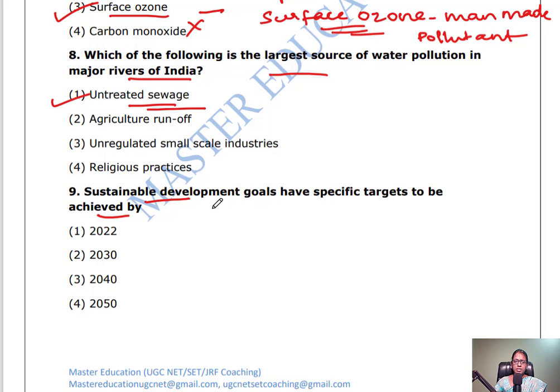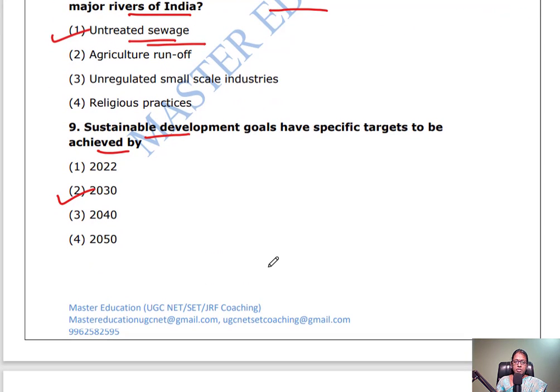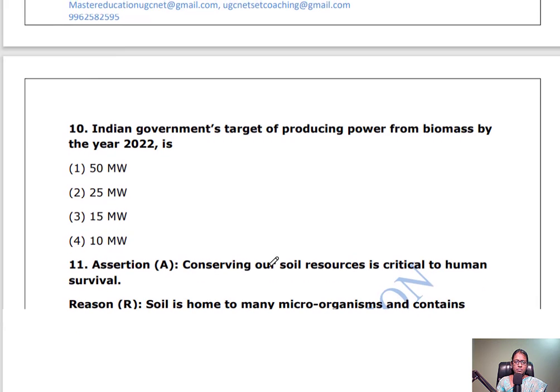So they have developed Sustainable Development Goals and Millennium Development Goals. They have specific targets to be achieved by the year 2030. Before 2030, we have to achieve these Sustainable Development Goals.